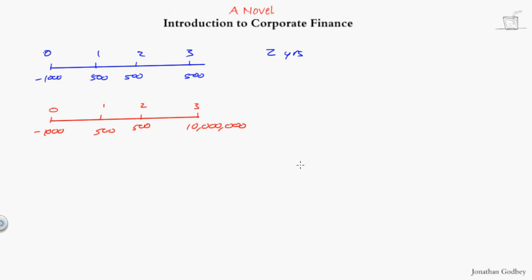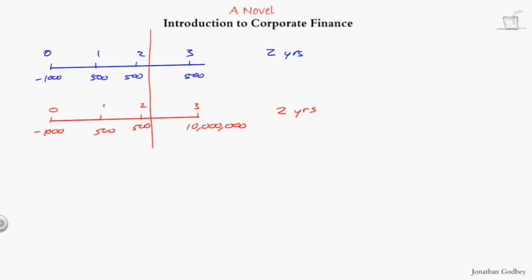You don't need a finance class or a video for this. Would you rather have the blue project or the red project? They both have a payback period of 2 years, but everybody would rather have the red project, right? So the other problem with the payback rule is it doesn't account for anything that happens after the payback. Okay, so that's a little bit of trouble.